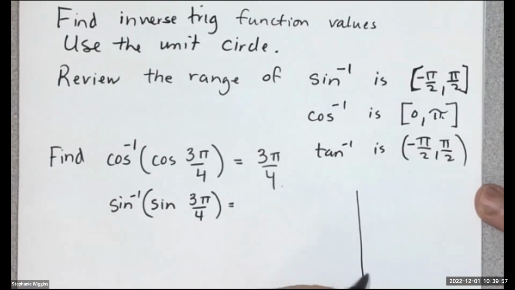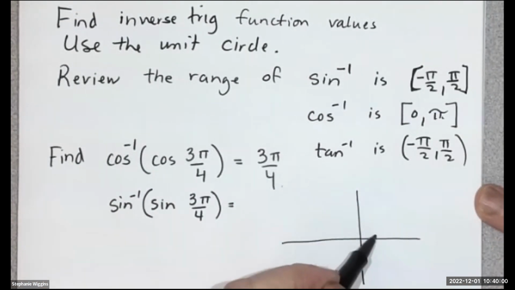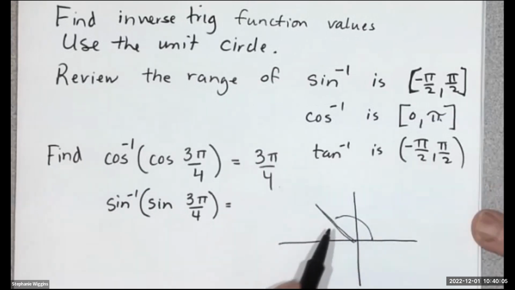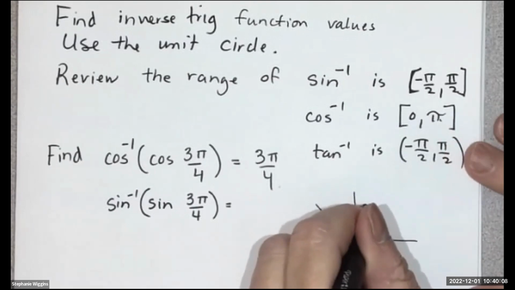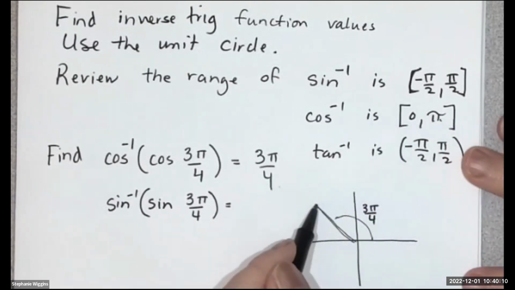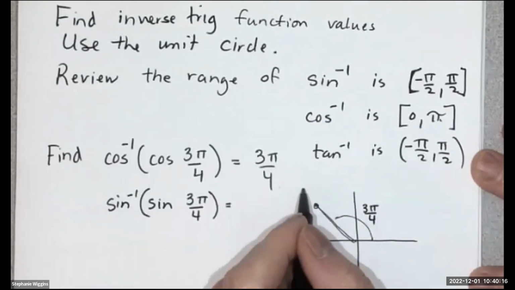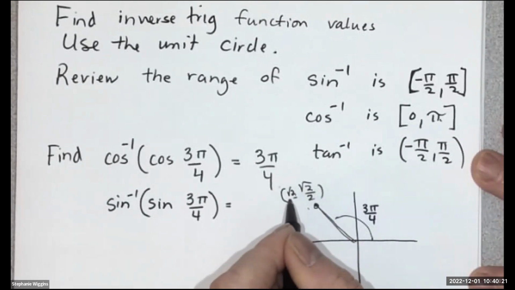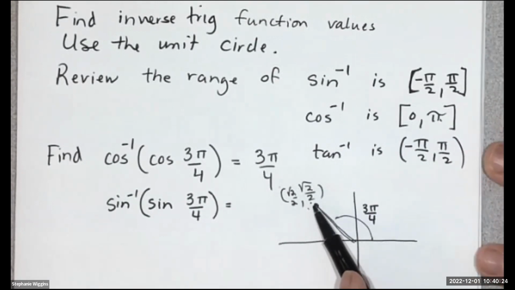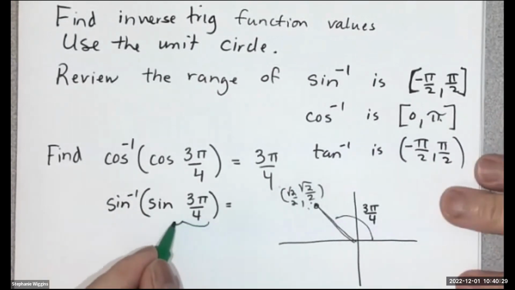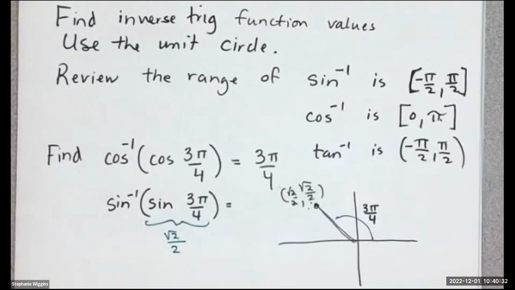So if we look at the unit circle, we see our angle is over here. This is 3 pi over 4. And so when you calculate sine of 3 pi over 4, you get square root of 2 over 2, because your point here is square root of 2 over 2. And then when you calculate sine inverse of square root of 2 over 2, it suddenly puts you over in this range.